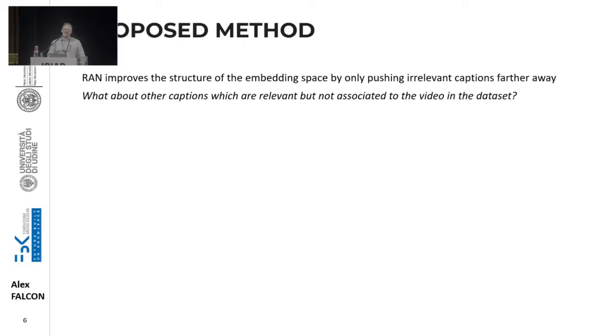At the same time, we have all those relevant captions which are not associated to the video in the dataset, and these are completely not used during the training process. This means that we want to introduce them within the learning process, and to do so, we propose an additional technique.